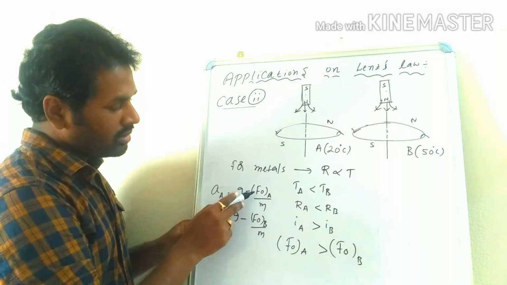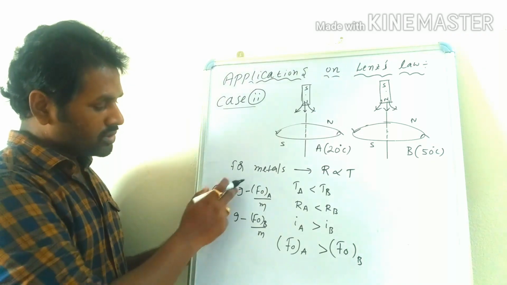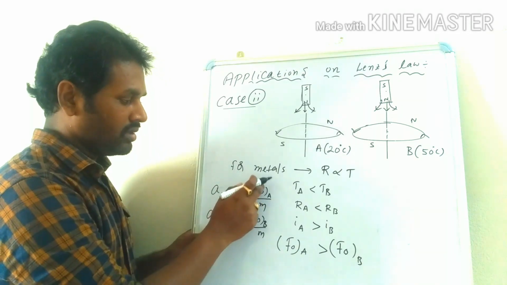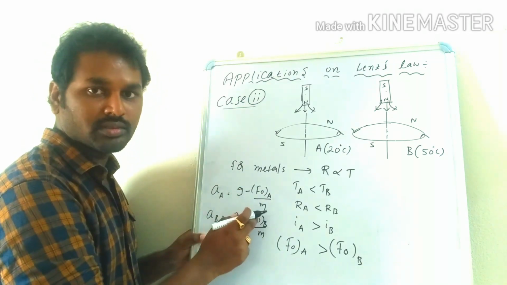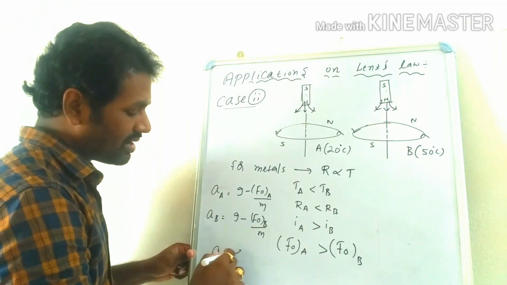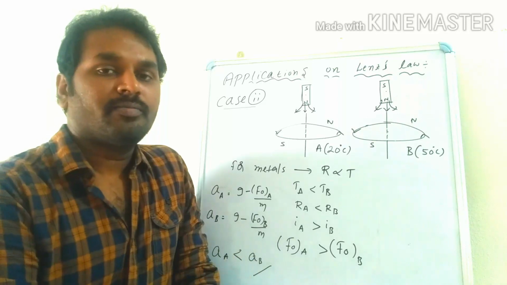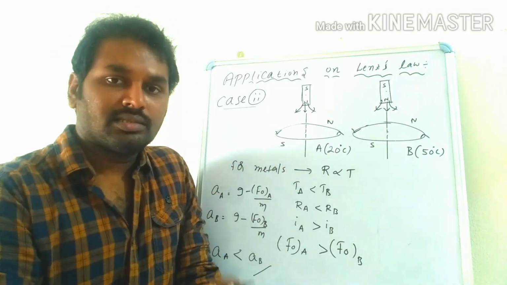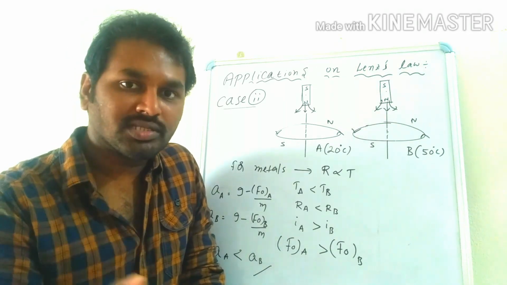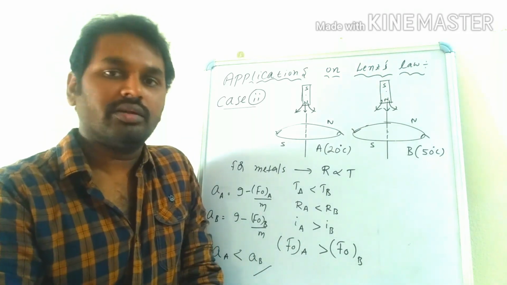You can see F naught of A is greater than F naught of B. So the acceleration of A is less than the acceleration of B. This means the bar magnet in the second case moves down with more velocity, or takes less time to reach the metallic ring.